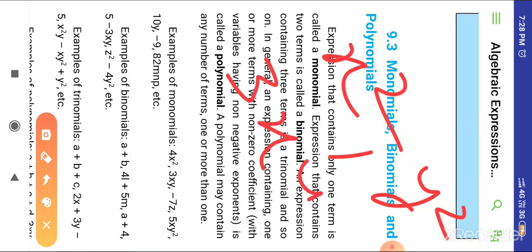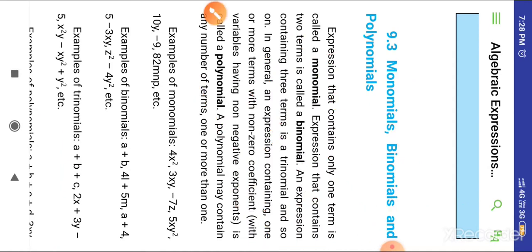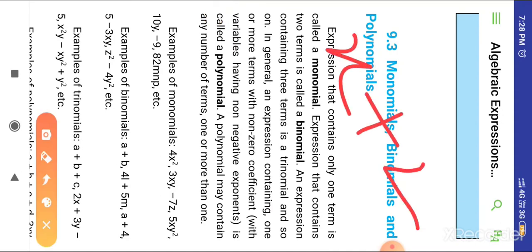Now we are going to convert each rational number with denominator 9. The first number is 1 upon 3. For making its denominator 9, we have to multiply the numerator and denominator by 3. So the first number becomes plus 3 upon 9.